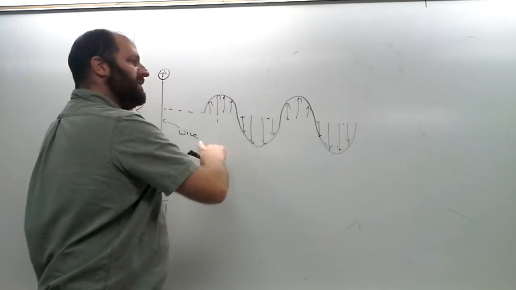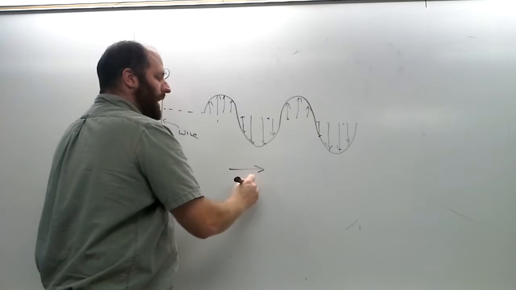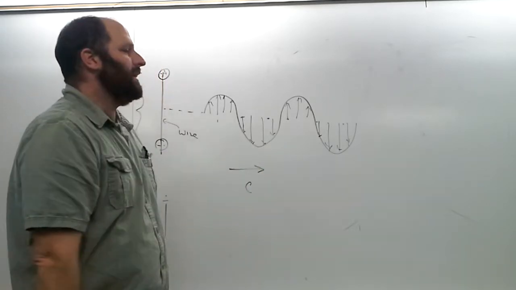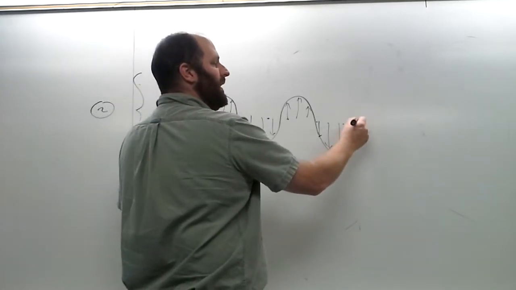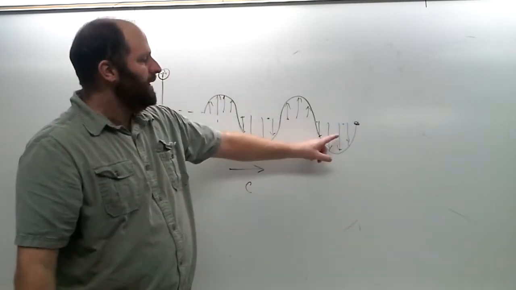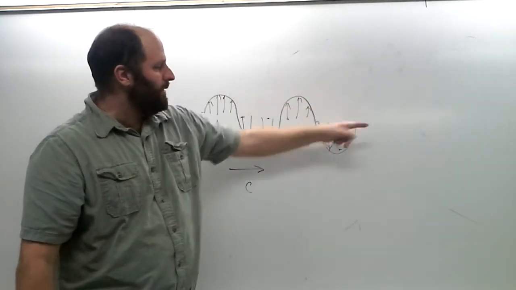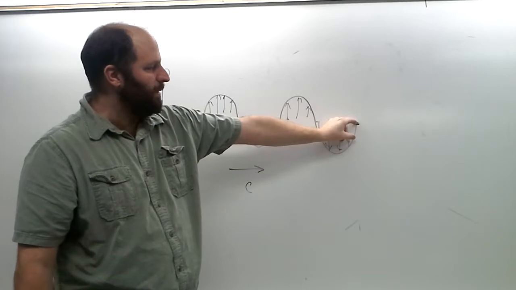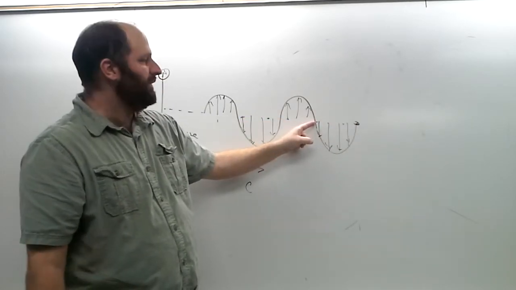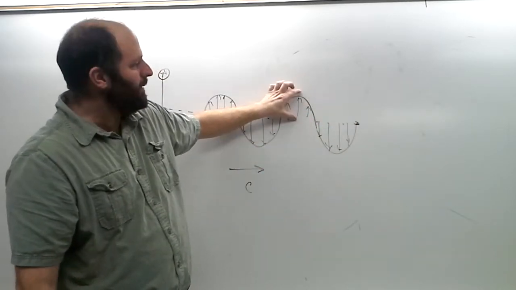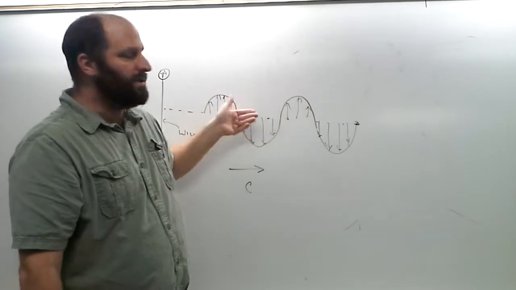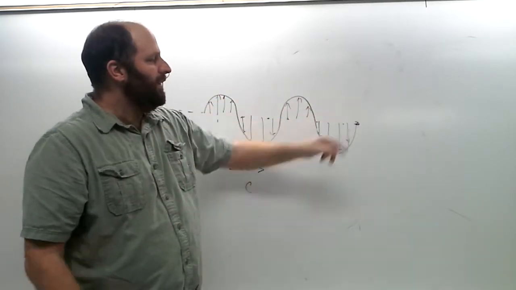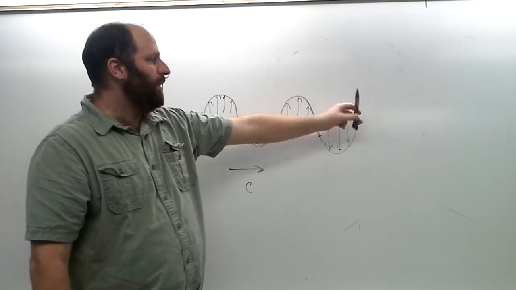So imagine this entire wave traveling to the right at a speed equal to c, 3 times 10 to the 8th meter per second. And then imagine a point in space. When this thing gets here, the electric field is down. When this gets here, the electric field is down but short. Then there's no electric field. Then it's up but short, and then bigger, and then smaller, and so forth. So as this wave moves to the right, the field here is oscillating back and forth.